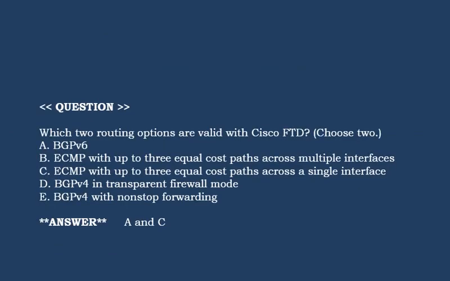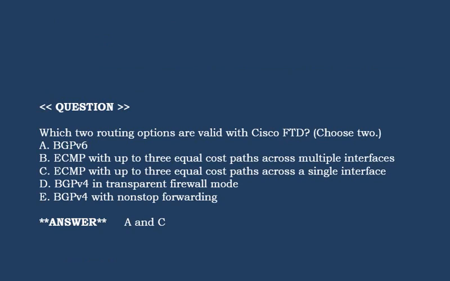Next question is, which two routing options are valid with Cisco FTD? Choose two options. Option A. BGPv6. Option B. ECMP with up to 3 equal cost paths across multiple interfaces.